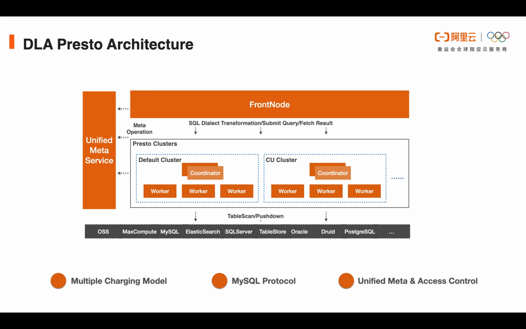In DLA Presto, we have the default cluster and many CU clusters, and both the default cluster and the CU cluster support various data sources. We also have a front node module. It is a service to provide MySQL protocol support.